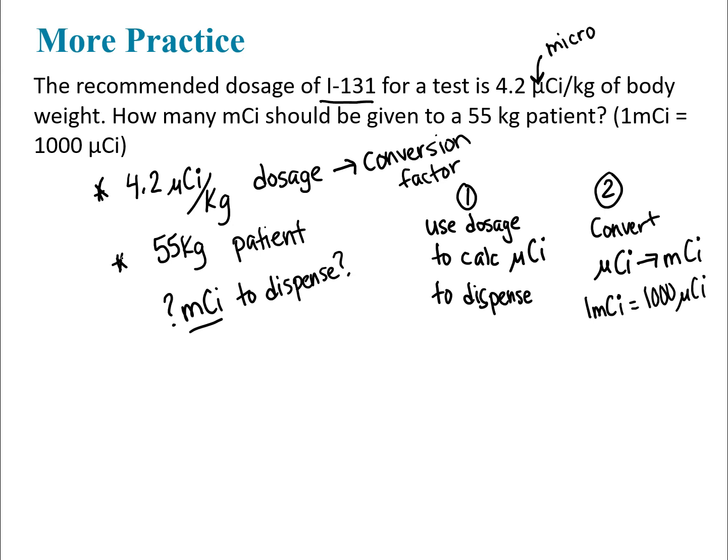We've got these two numbers. Which one of those things are we going to do to figure out the number of microcuries to dispense? Yes, multiply. I think more people are still on break.